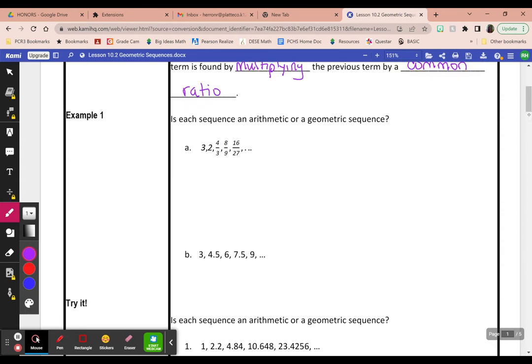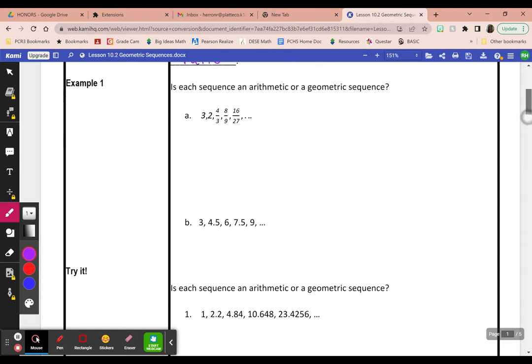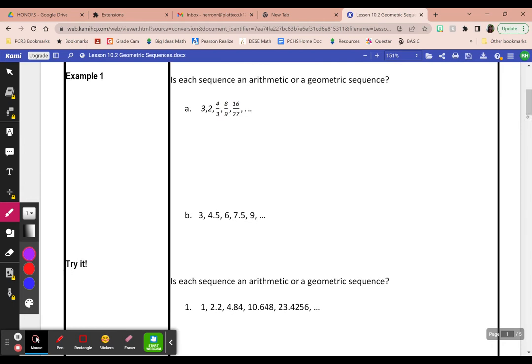Okay, so first two, say, is each sequence arithmetic or geometric? Well, in order to do that, we have to figure out what the pattern is and if it has a common difference or a common ratio. So we're going to start by subtraction. And the first thing we're going to do is subtract from back to front. So if I take 16/27 minus 8/9, I'm going to get negative 8/27.